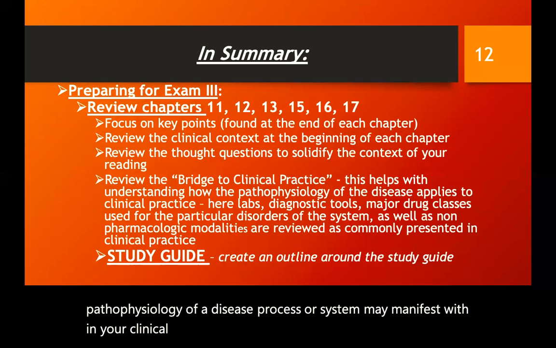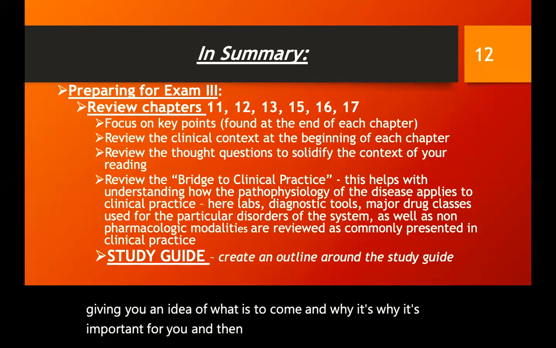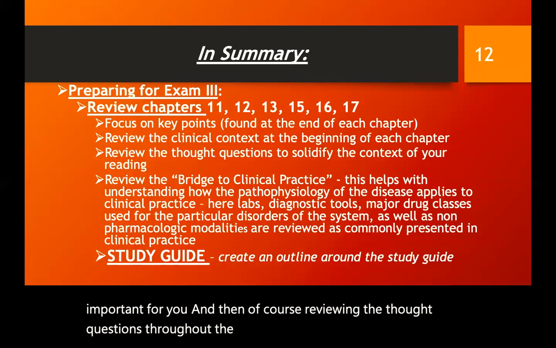So that's super helpful in giving you an idea of what is to come and why it's important for you. And then, of course, reviewing the thought questions throughout the chapter just to solidify the context of your reading. Just make sure you use those to your advantage.